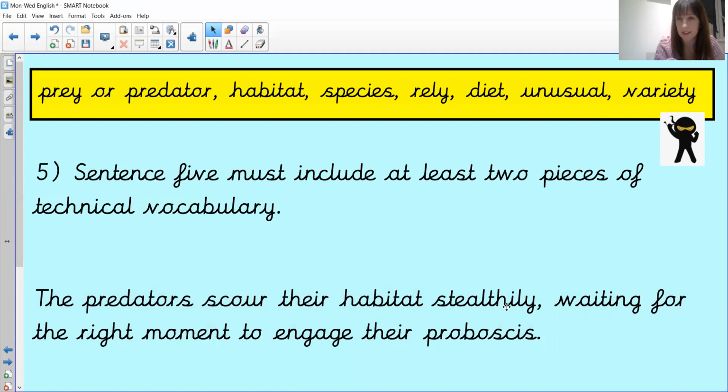It means like sneaky, really quiet and sneaking around. And what about scour? That means they're looking. And the moment to engage their proboscis, to get it ready to pounce, to attack. Okay, so sentence number 5, at least 2 bits of technical vocabulary in your sentence. Okay, pause me here, off you go.